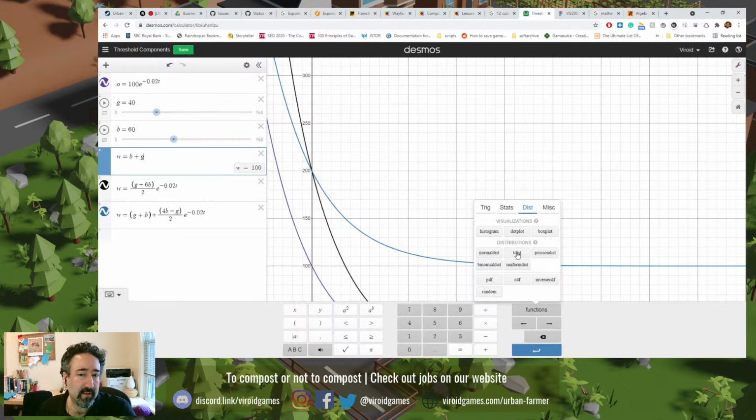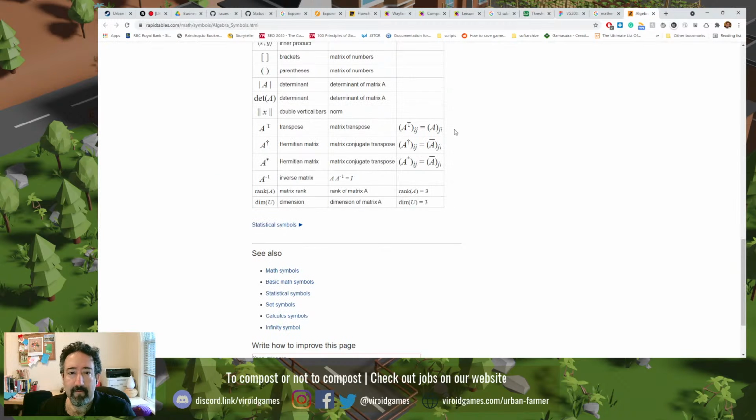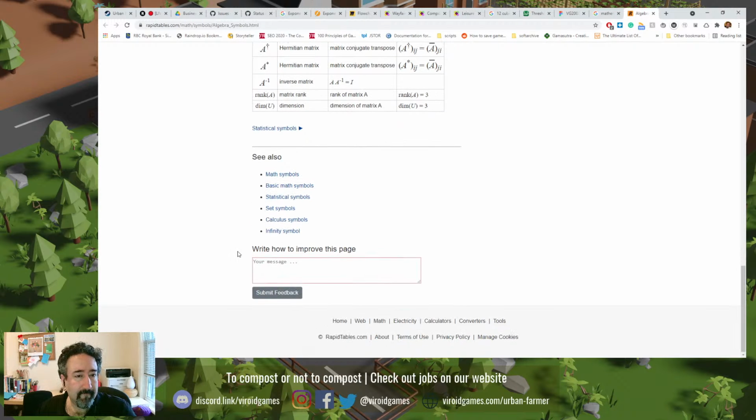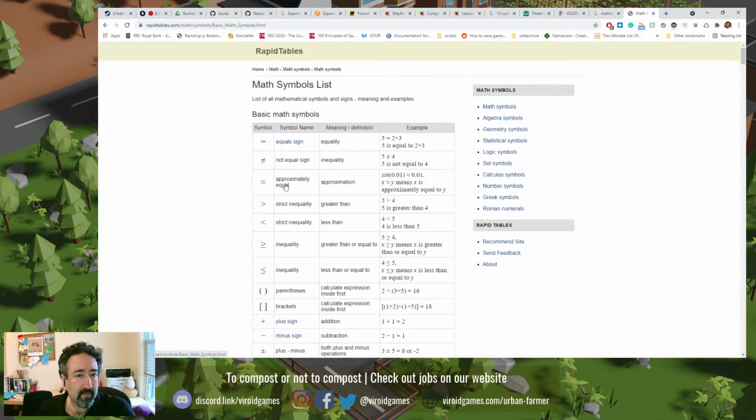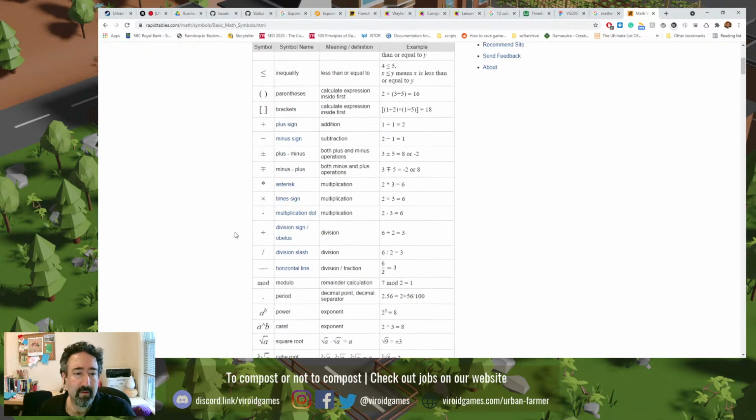I didn't actually even see it here, but it's hidden somewhere in the menus. Like this sort of logarithm, like the A, the base A. Basic. It's not gonna.